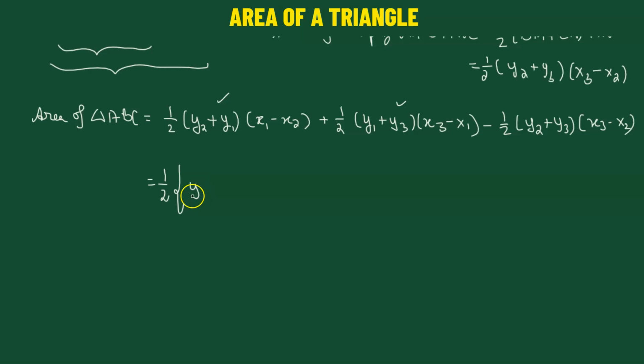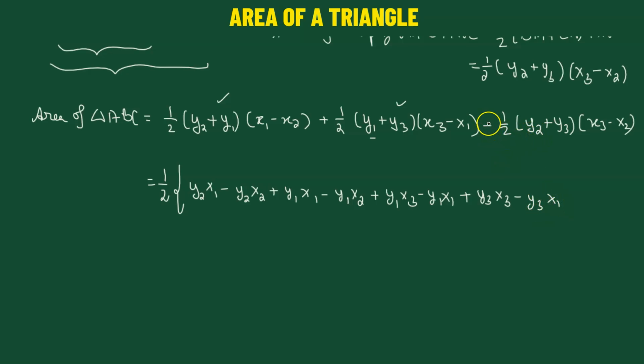So we have y2 times x1 minus y2 times x2 plus y1 times x1 minus y1 times x2 plus we have y1 multiplied to x3 minus x1. So we have y1 x3 minus y1 x1 plus y3 x3 minus y3 x1.